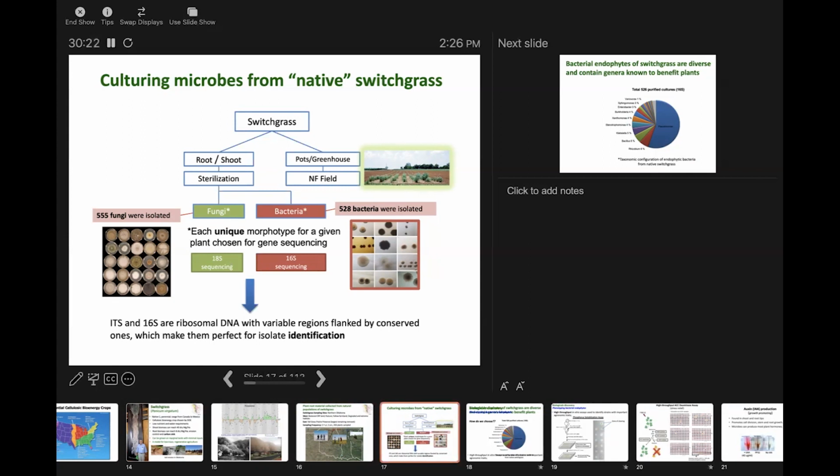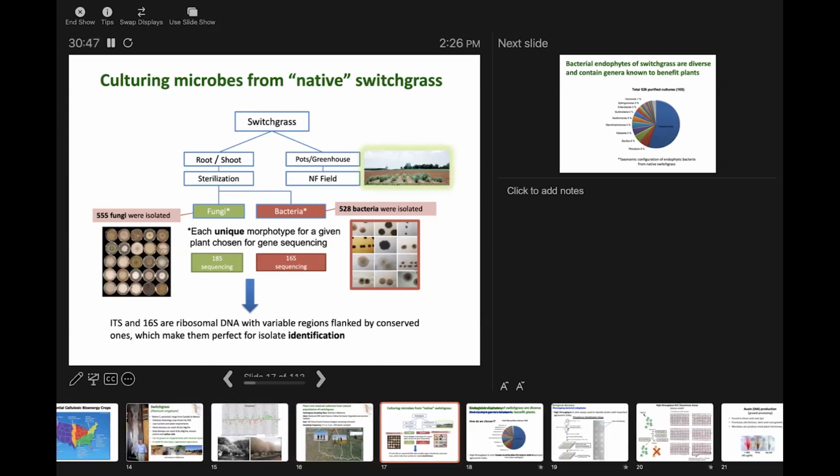So how do we do that? Well, we start off and we split each switchgrass clone, each ramet that we brought back. Half of it goes into a field so we can maintain the plant diversity and study that if we want to. And half of it went straight into the lab where we would split the tissue into roots and shoots.